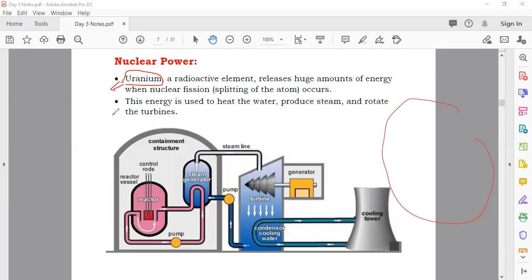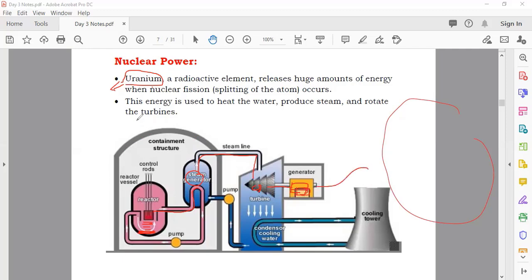But right now you can see here that only uranium is used. Due to nuclear fission the heat is produced, and that heat is used to heat the water, which then converts into steam. That steam with high pressure goes to the turbine and moves the turbine. This turbine is fitted with the generator, and inside the generator you have a coil, and when that coil moves, electricity is produced.